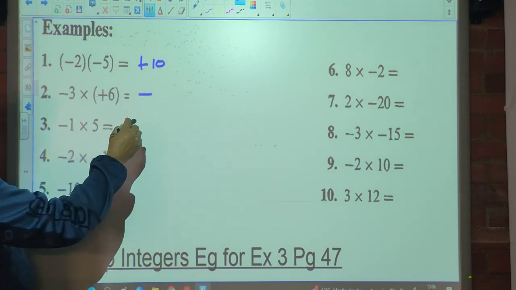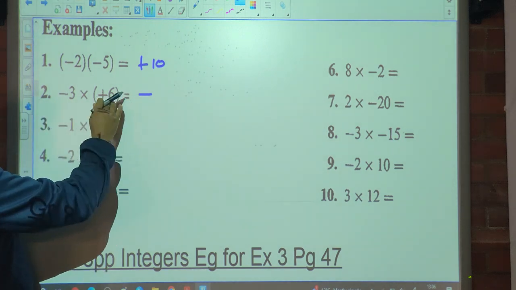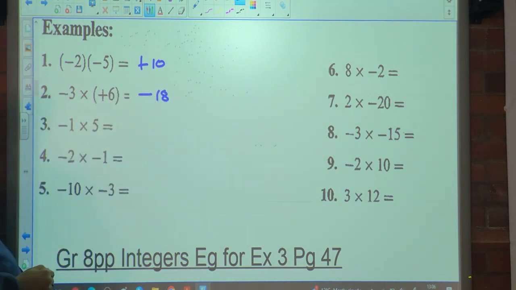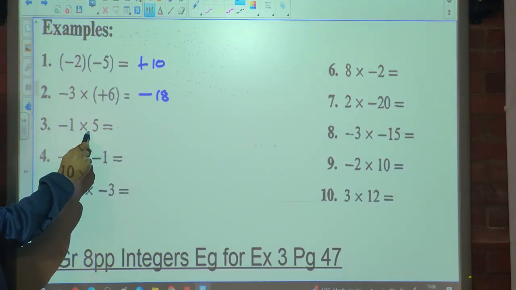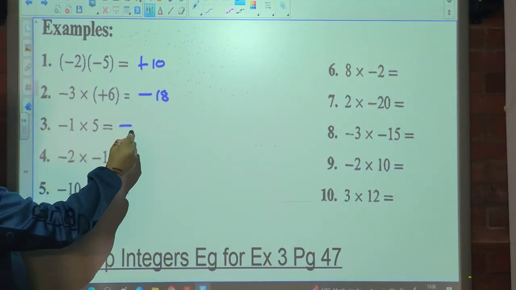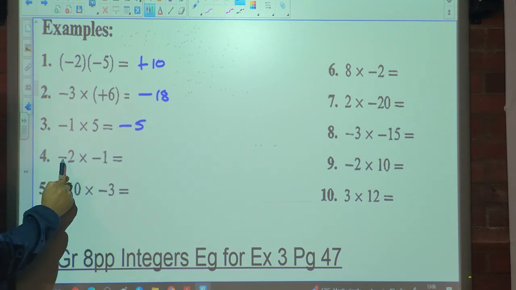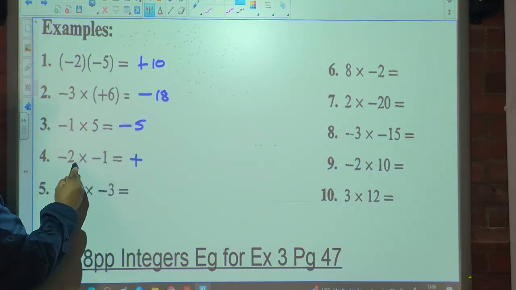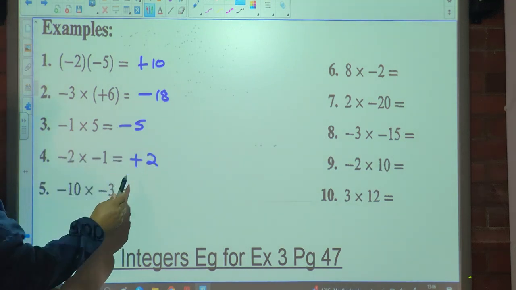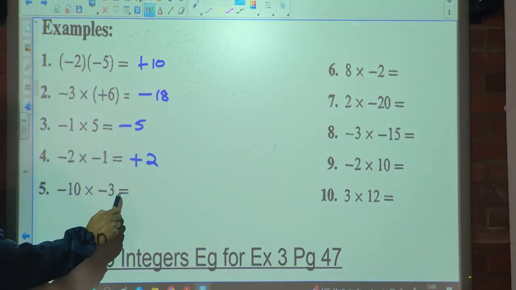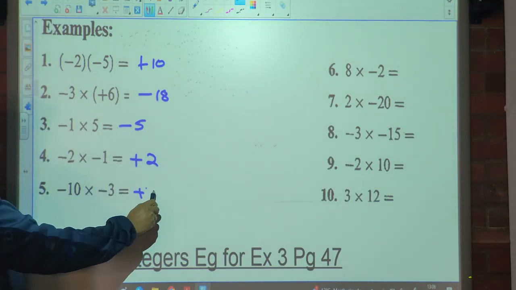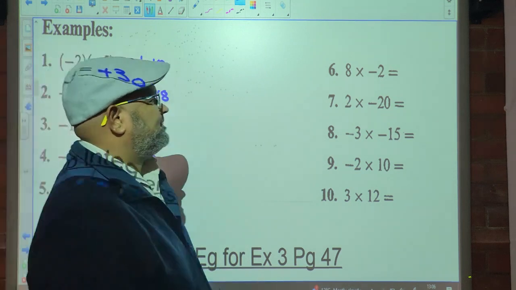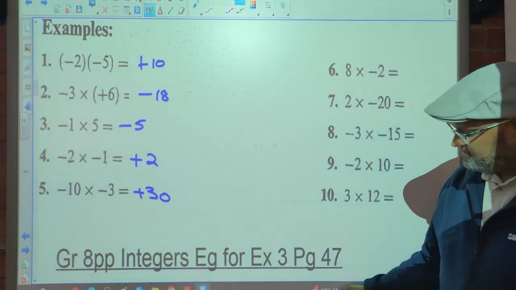Negative. 3 times 6? 18. What's negative times positive? Negative. 1 times 5? 5. What's negative times negative? Positive. 2 times 1? 2. What's negative times negative? 10 times 3? 30. You all okay with that?